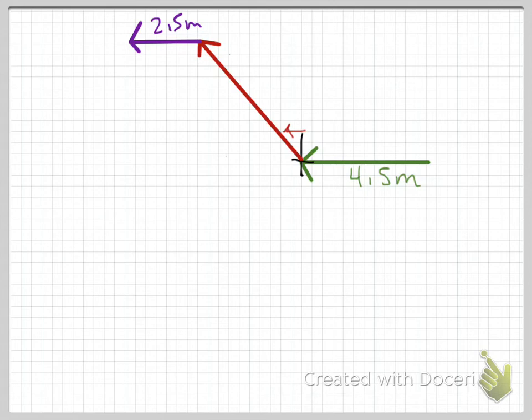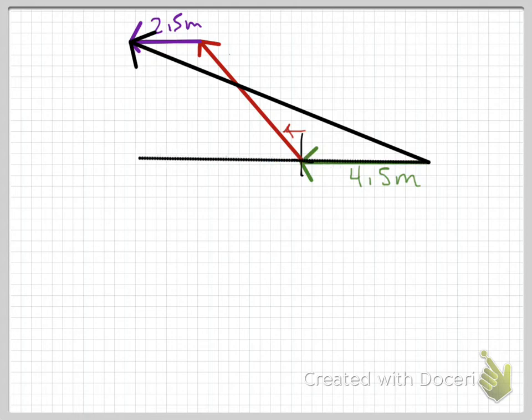And the resultant for this will end up looking like that. That means that your resultant triangle is going to look something like this, with this as your delta x resultant and this as your delta y resultant.